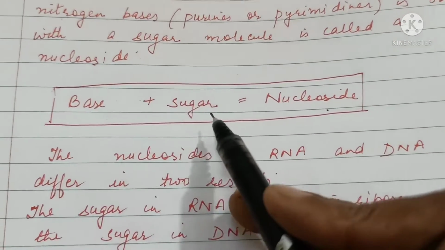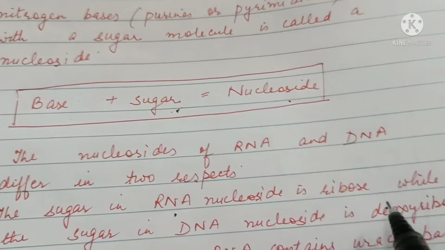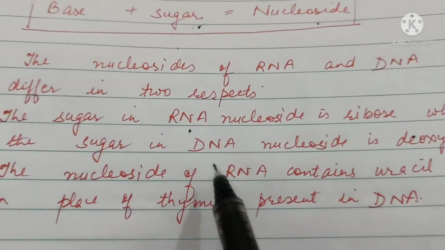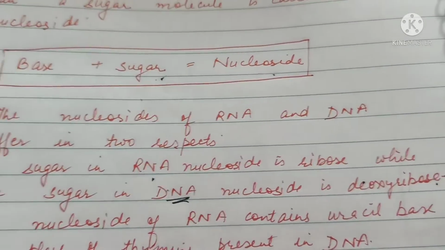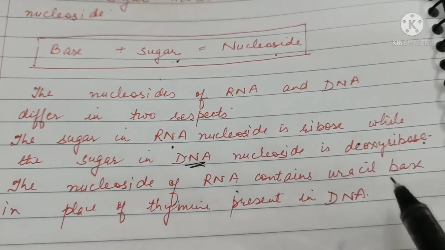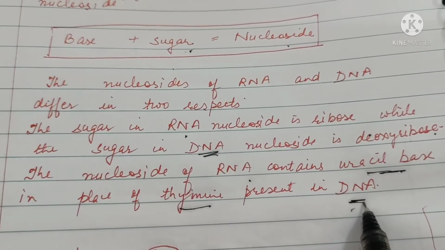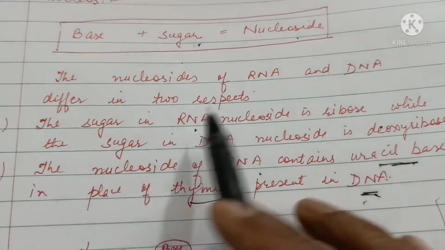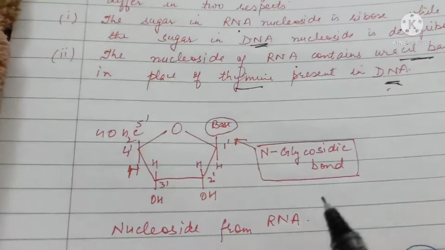The sugar in RNA is ribose, whereas in DNA it is 2-deoxyribose. Secondly, the nucleoside of RNA will contain the uracil base instead of thymine present in DNA. In all other respects, the nucleosides of RNA and DNA are similar.